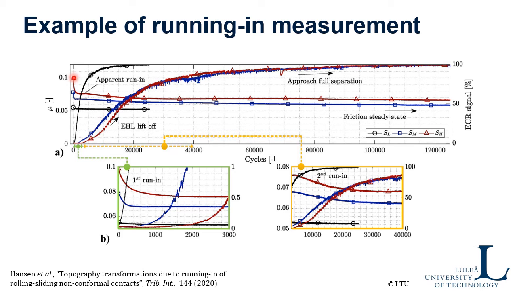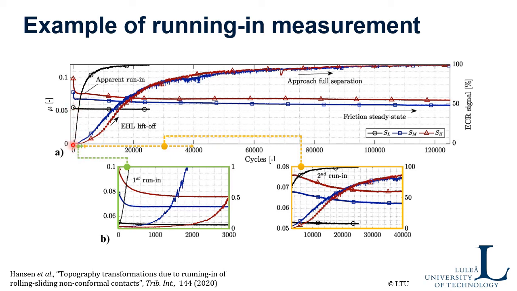It goes down from 0.1 to 0.075 or something like that, very rapidly, and then it reduces all the time, but becomes pretty constant already here after 20,000 cycles. The same goes for the medium roughness, and you can see some effect also on the smoothest surface.